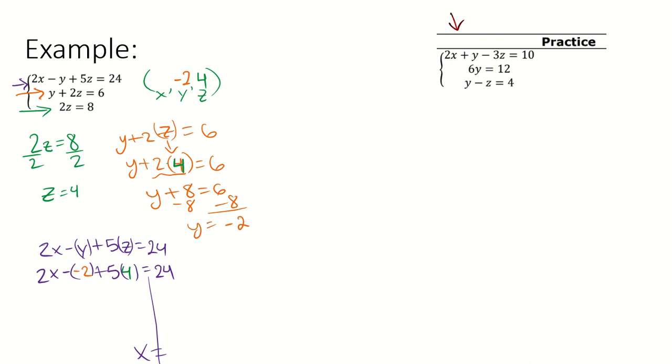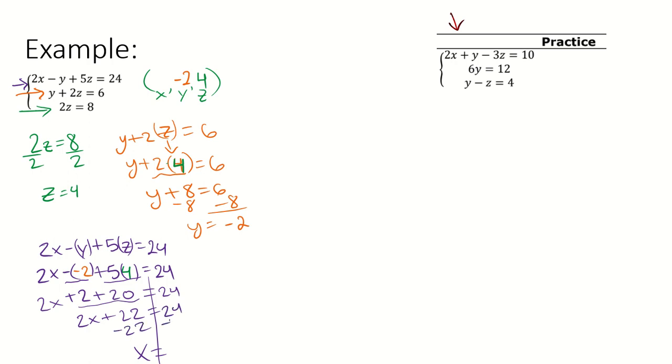We're going to use PEMDAS to simplify. So we're going to notice that these two multiply, and we're going to get a positive 2. And then these two multiply, and we're going to get a positive 20. So 2x plus 2 plus 20 equals 24. And then now we combine like terms. So we're going to have 2x plus 22 equals 24.